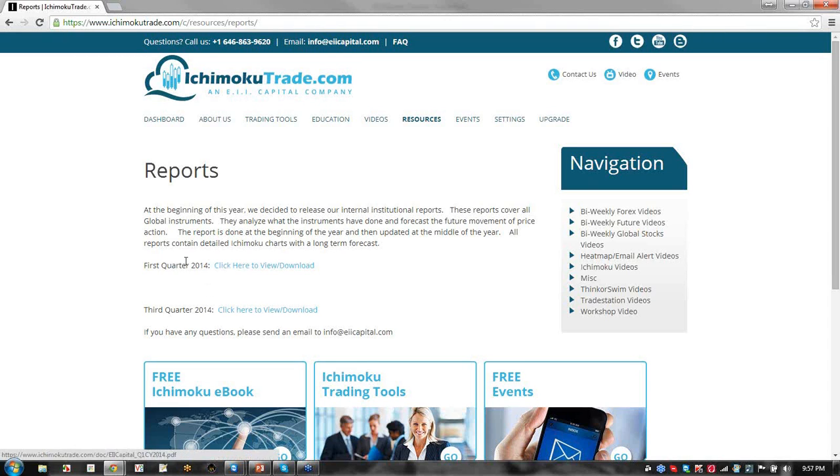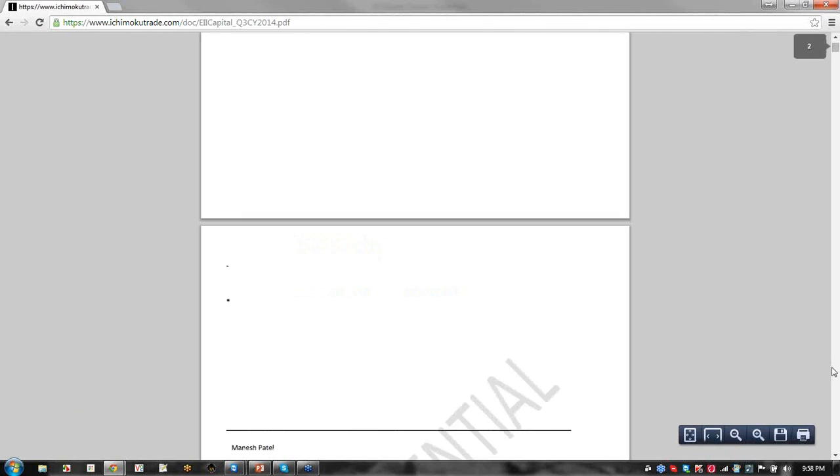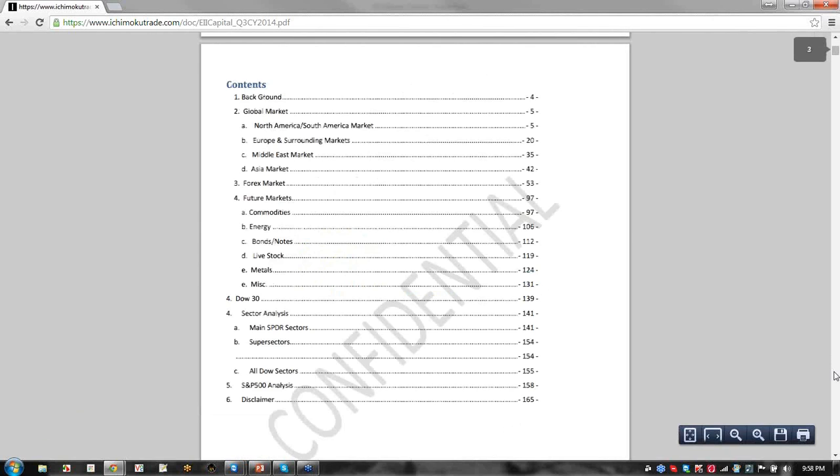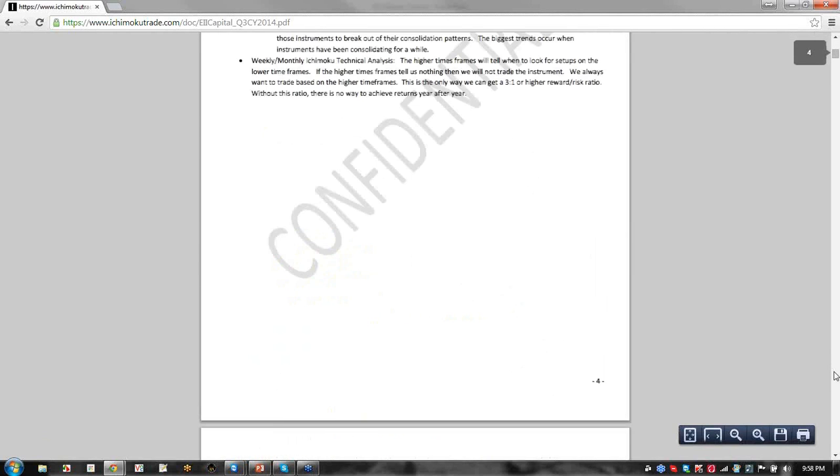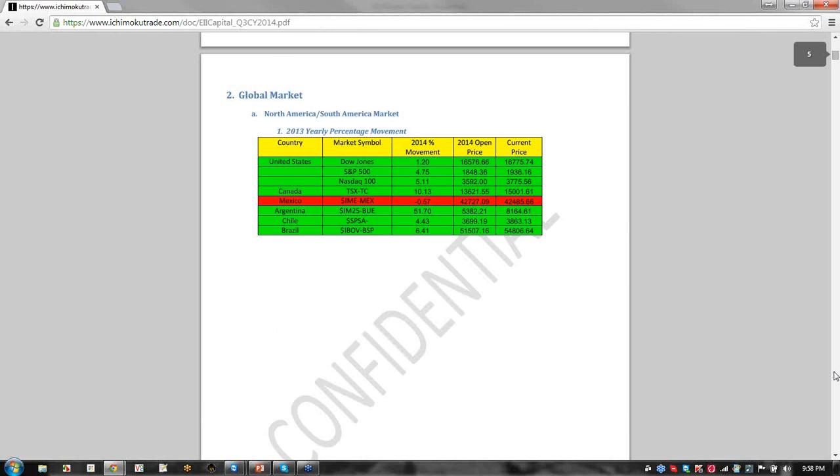We give you this one in the first quarter, which is pretty much around January, where we give you predictions for the entire year. So this was the predictions for 2014. And then in June, we update that entire report for you. If you click on here, it'll bring it up. This is about 130 pages, and it goes through full-blown technical analysis with charts, everything from futures to stocks, global markets, to everything.